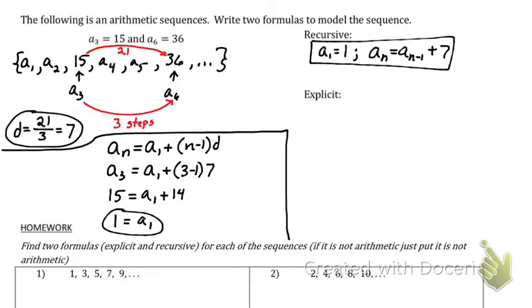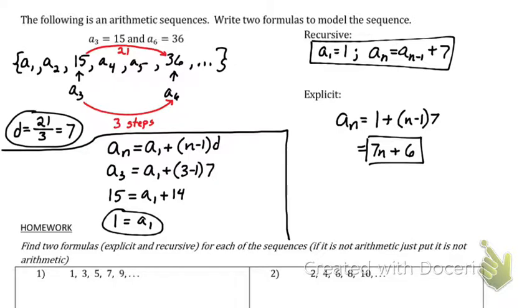Your explicit is a sub n equals your first term, in this case 1, plus n minus 1 times the common difference of 7. Simplify that, you should have 7n. 7 times a negative 1 is negative 7, plus 1 is going to be plus 6.